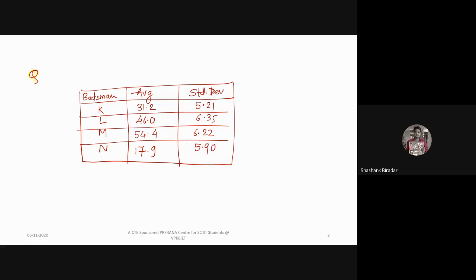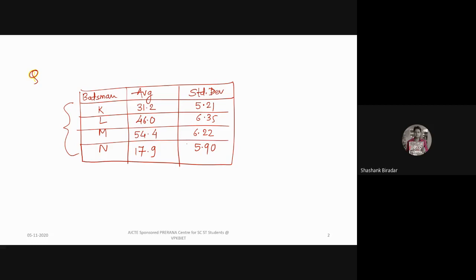The question is: the statistics of runs scored in a series by four batsmen are provided in the following table. Who is the most consistent batsman out of these four?